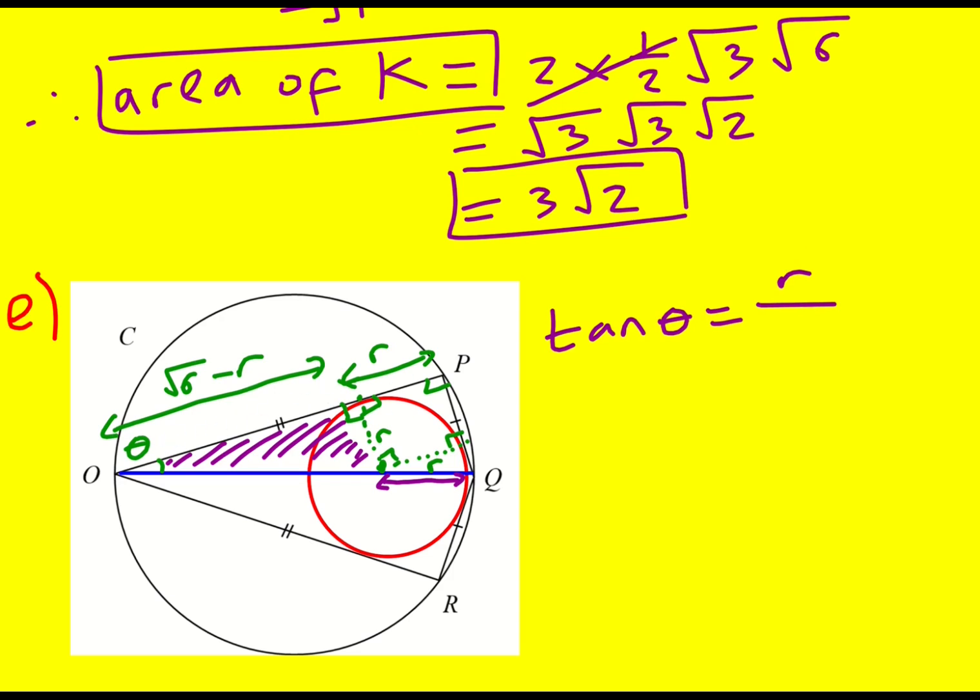So ignore the hypotenuse, root 6 minus r. But we also know from before that PQ is root 3 and OP. So I'm using the smaller triangle in purple, but then I'm using the bigger triangle OPQ. And then remember, OP is actually root 6.